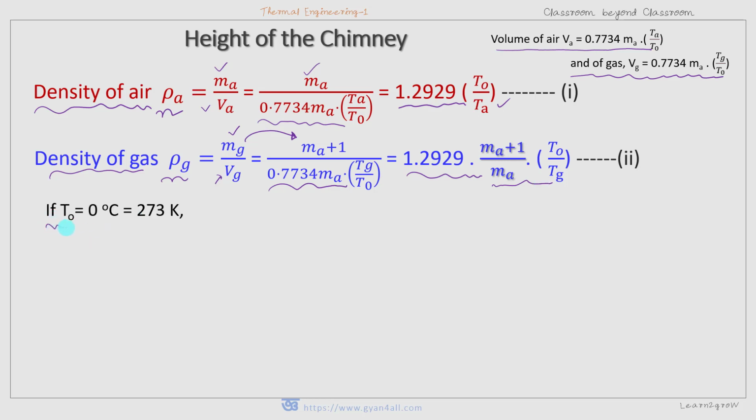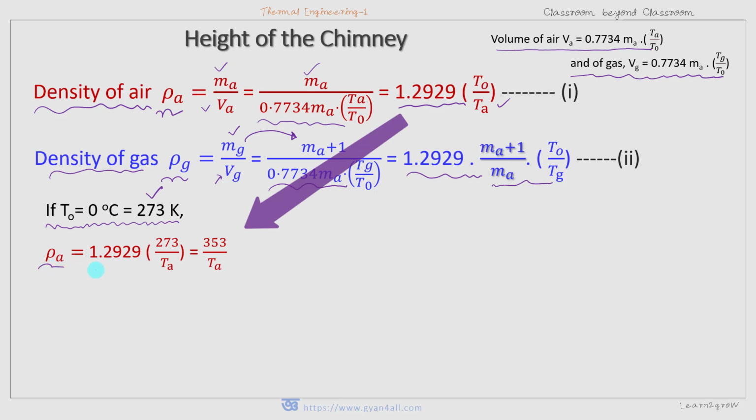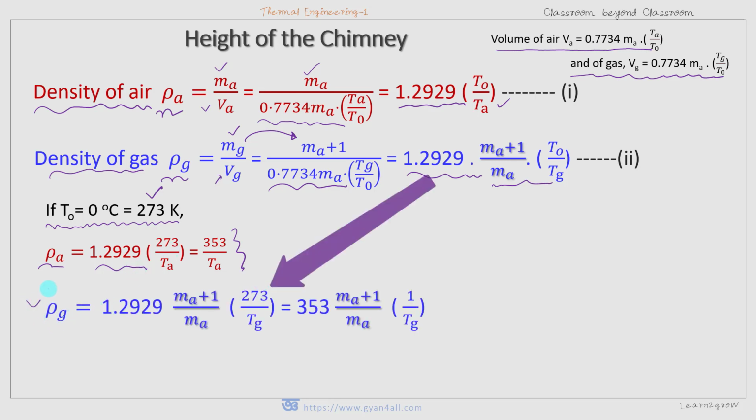And if we put the value of T0, which is equal to 0 degree centigrade or 273 Kelvin, we get rho a is approximately 353 divided by Ta, where Ta is the ambient air temperature, and rho g is equal to 353 into Mg by Ma into 1 by Tg, where Tg is the temperature of the gas.